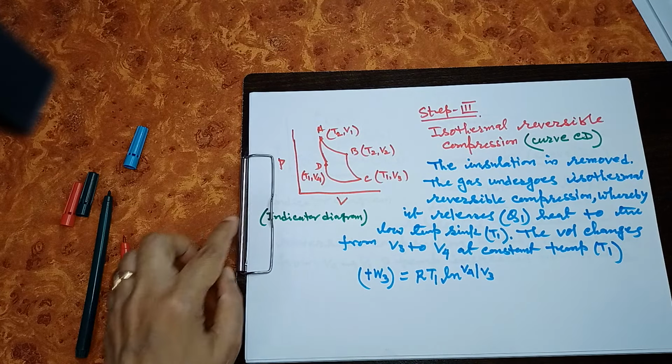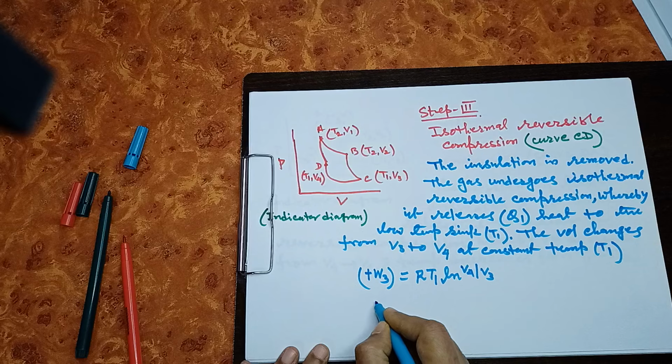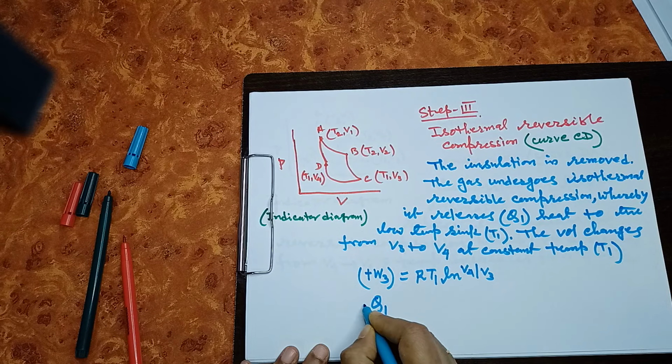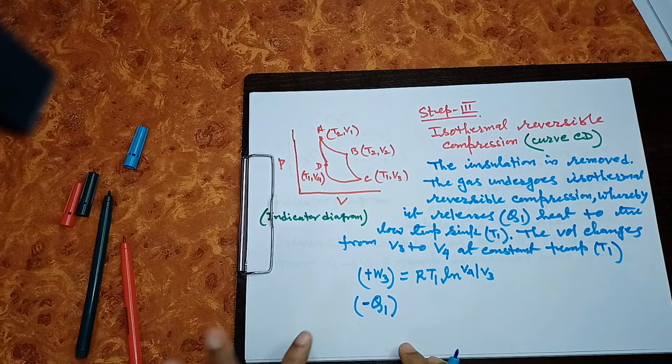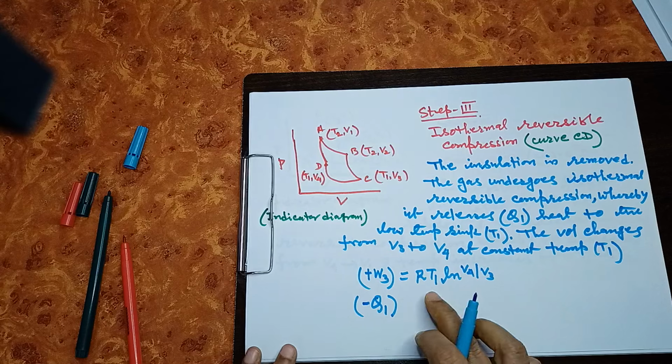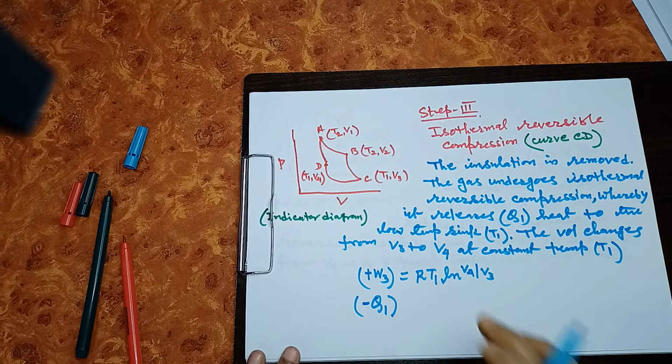Now, in this compression process, heat is released to the sink. So what is the amount of heat released? Say it is Q1. And heat is released, so it is minus Q1. As it is released, the sign is negative, and that expression will be the same as that of the work done on the system.